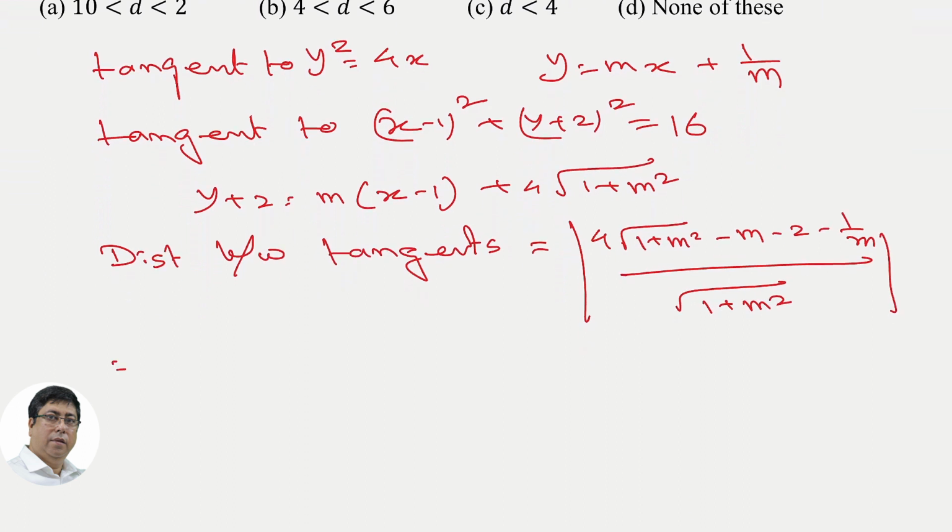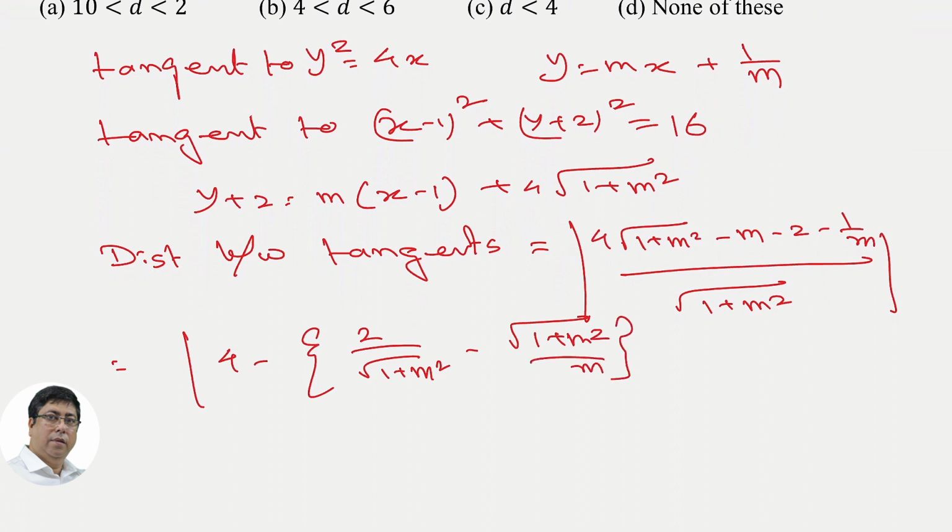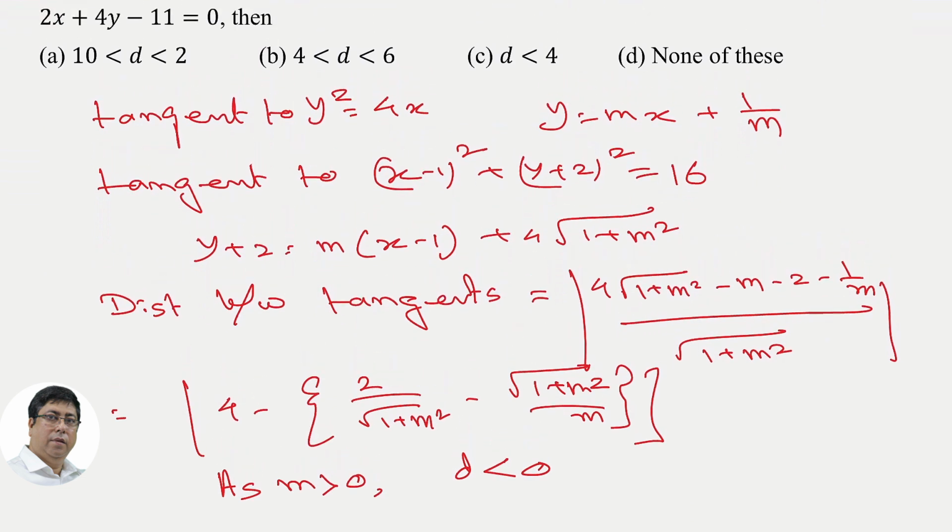If we calculate, if we divide, we are getting 4 minus 2 by root of (1 plus m square) minus root of (1 plus m square) by m. So this bracket portion is always positive, therefore as m greater than 0 we can say D is less than 0. So the option number is coming to be C.